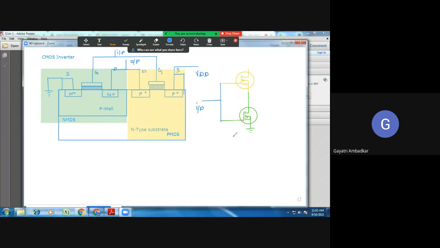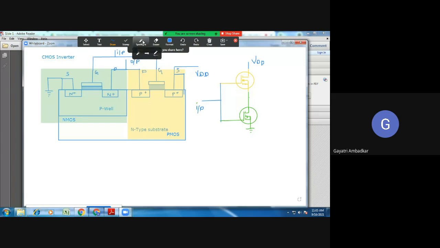This is PMOS, so we are applying VDD to PMOS. Here we are applying VDD, the drain voltage.